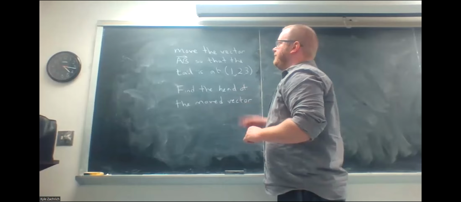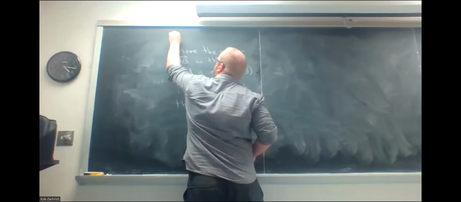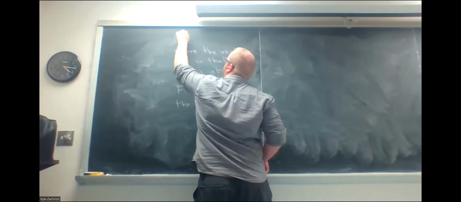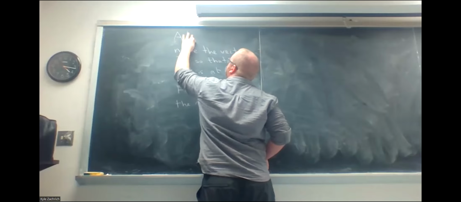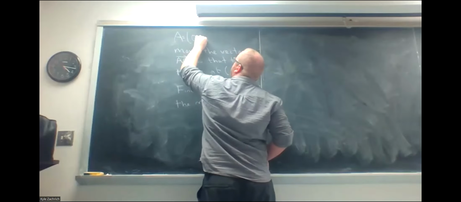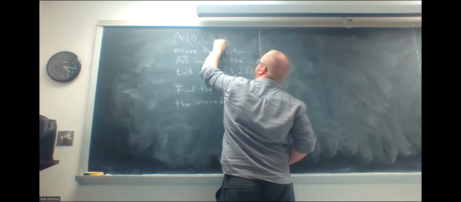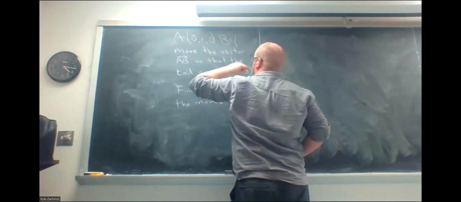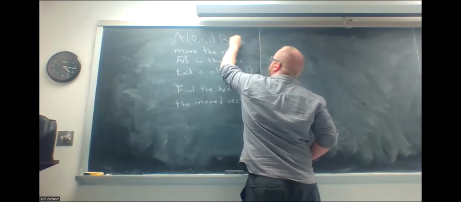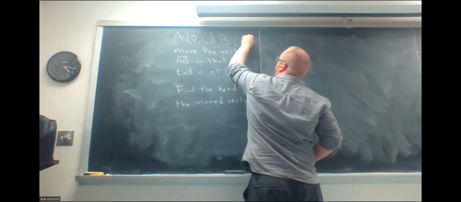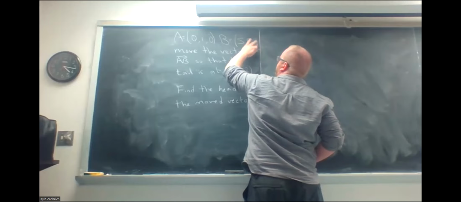I'll tell you where A and B are. So let's say point A is equal to 0, 1, 0, and B is going to be equal to 5, 5, 1.